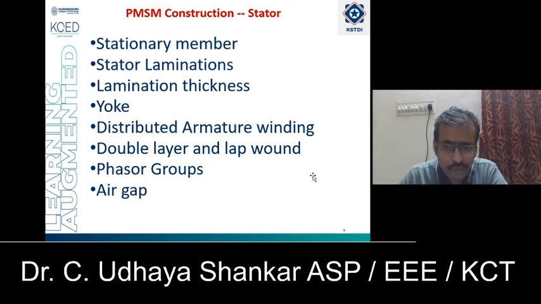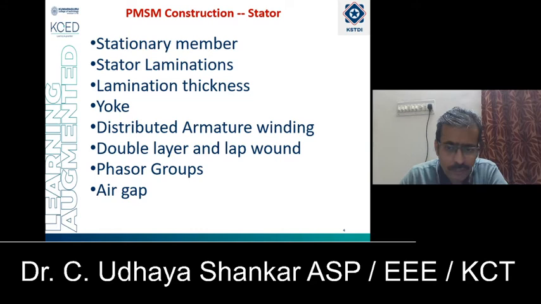The phase groups are then connected together in either series or parallel combination to form star or delta connections and 2-phase or single-phase windings. The coils, phase groups and the phase must be insulated from each other in the end-turn regions, and the required dielectric strength of the insulation will depend upon the voltage rating of the machine.